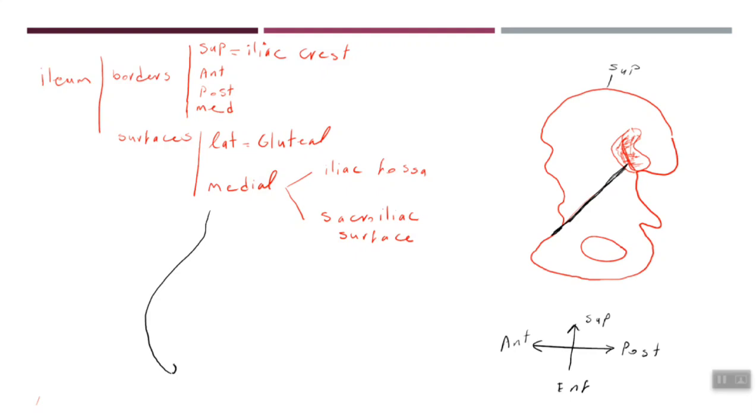Is a picture like this one. In above, it's like this one. This is the iliac crest. Here is the anterior in my picture, and this here is the posterior.